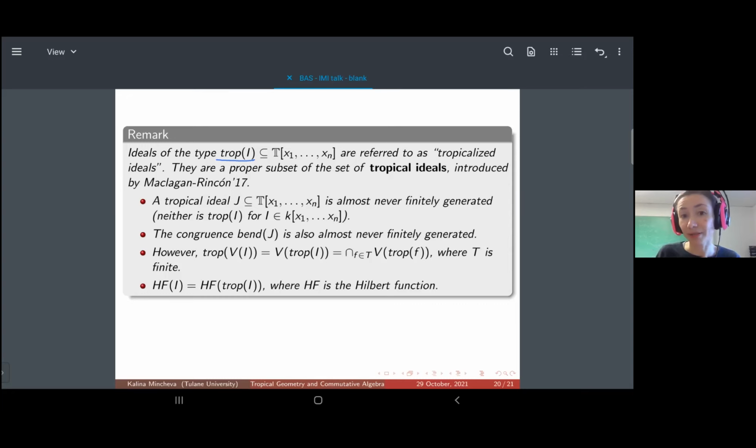Moreover, Maclagan and Rincón prove that the Hilbert function, in fact the Hilbert polynomial, of the original ideal, which is an ideal of the ring, and the ideal of the semiring actually agree for these tropical ideals. So in this case Hilbert function, Hilbert polynomial makes sense, and then they agree. And perhaps the question is, how does our thing relate here?